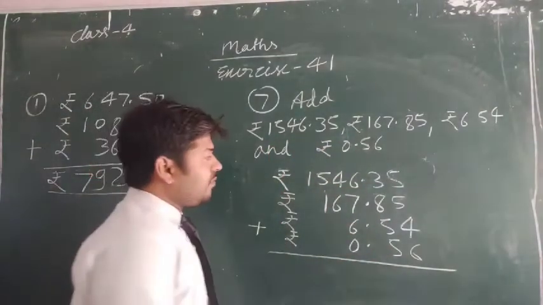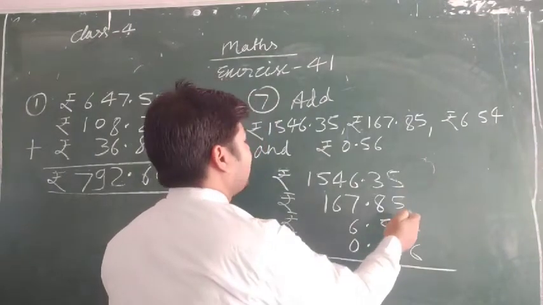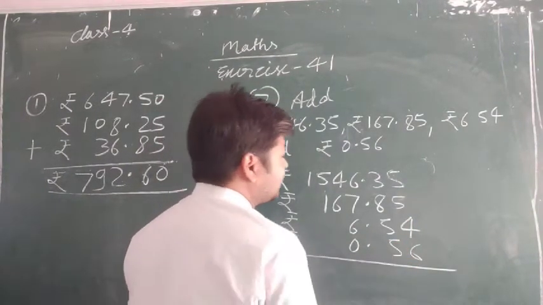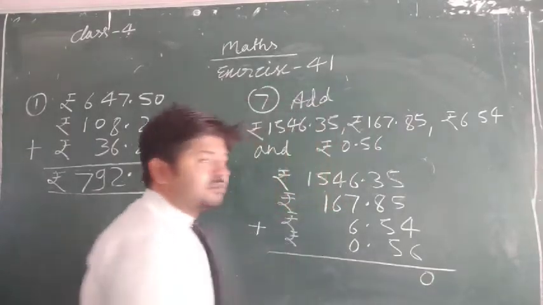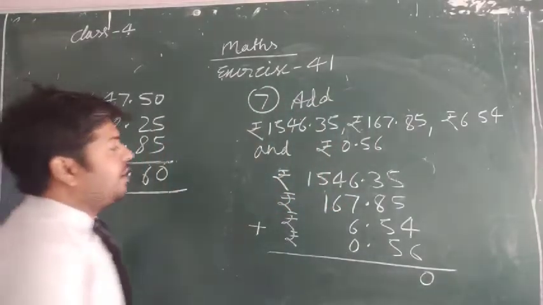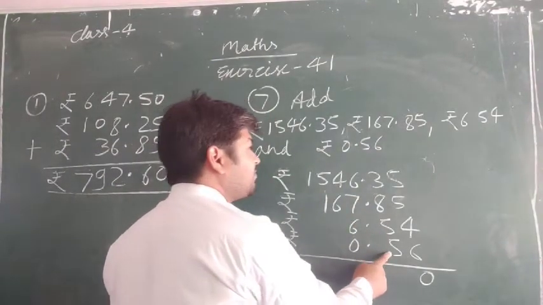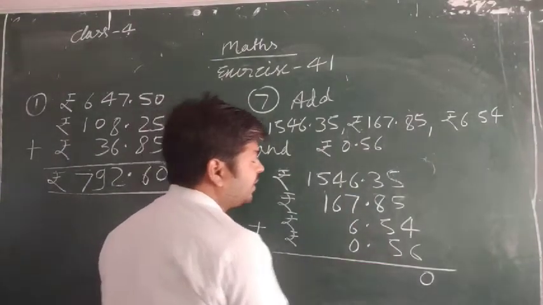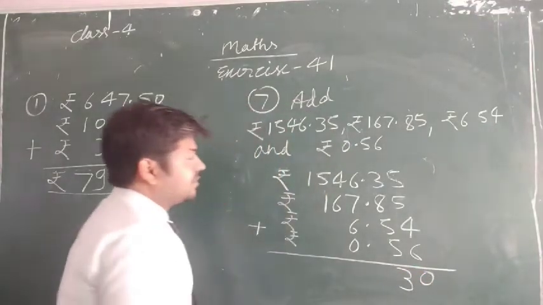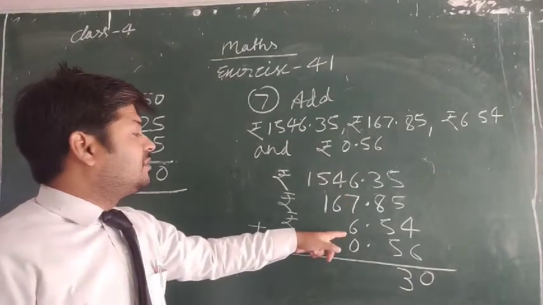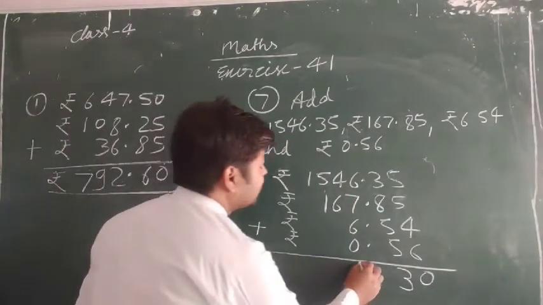Okay. So I am going to add this: 5, 5, 10, 4, 14, 6, 20. What is carry? 2. 8, 3, 11, 5, 16, 16, 5, 21 and carry 2, 23. 7, 6, 13, 6, 19 and carry was 2.